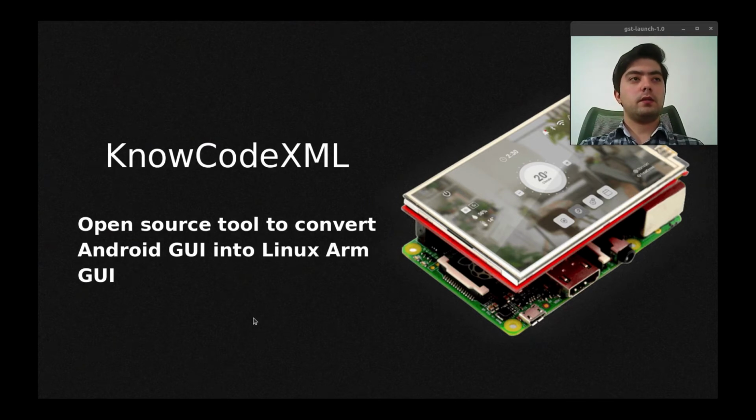The next technology is Null Code Xml. It's an open source tool that lets application developers convert designed Android GUI components to the TotalCross SDK. So you can make your ARM and embedded GUI applications in the Android GUI environment.